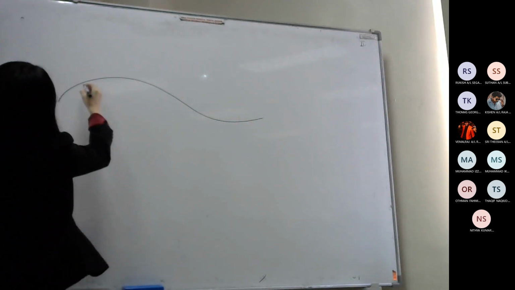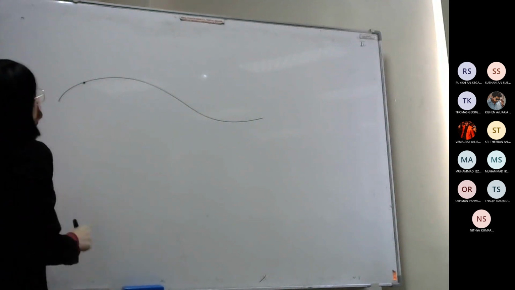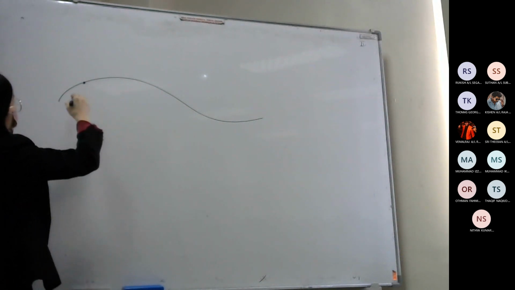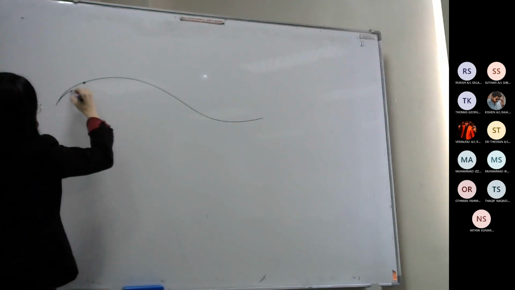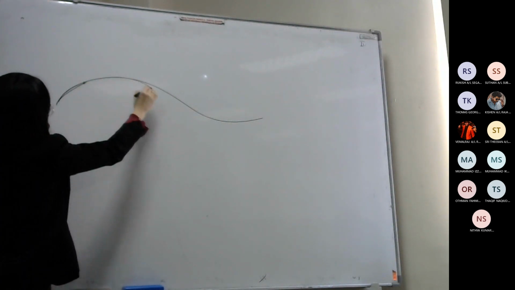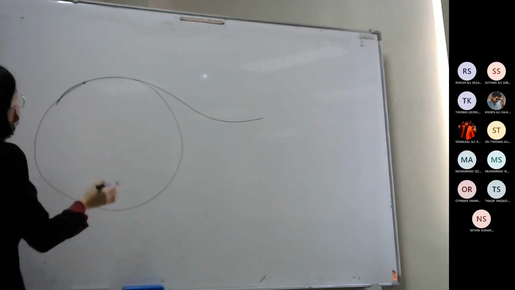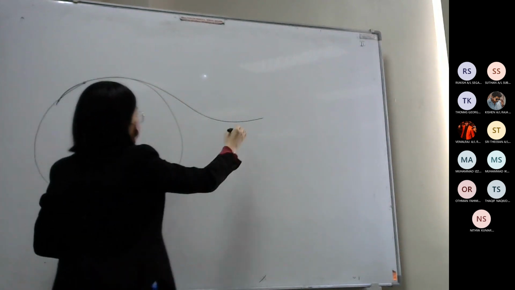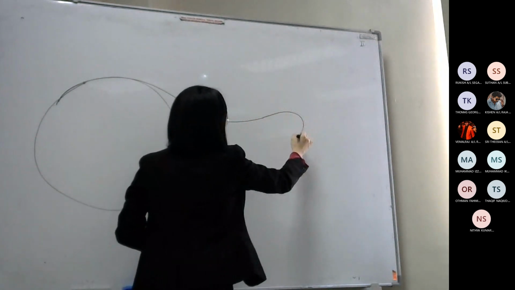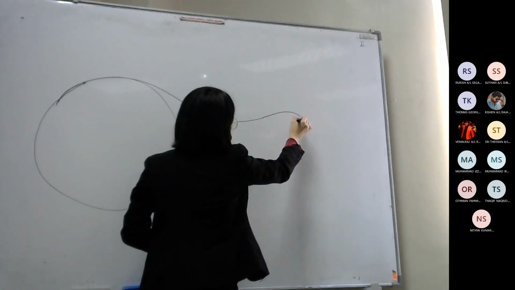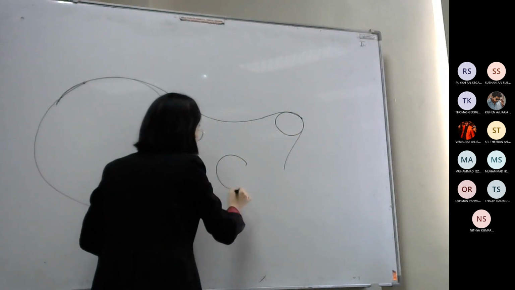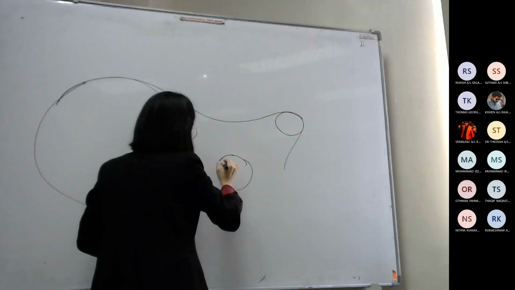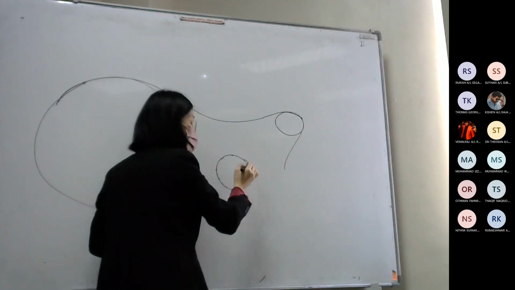Let's say at this point, the oscillating circle will be this one. At this point, the oscillating circle is smaller, because for a circle, the curvature at every single point is the same.